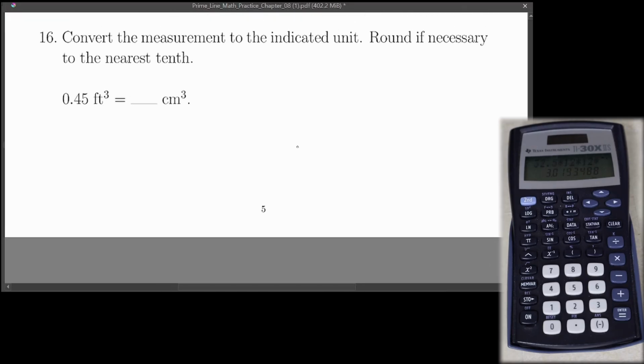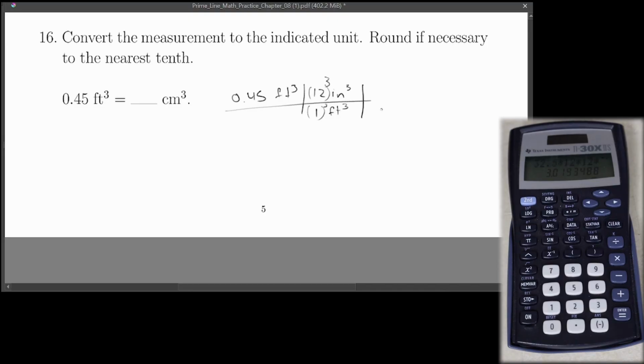Alright, number 16, we've got feet cubed to centimeters cubed, so we can go from 0.45 feet cubed. 1 foot is 12 inches, and since we're doing this 3 times, we can cube those to get us to cubed inches.